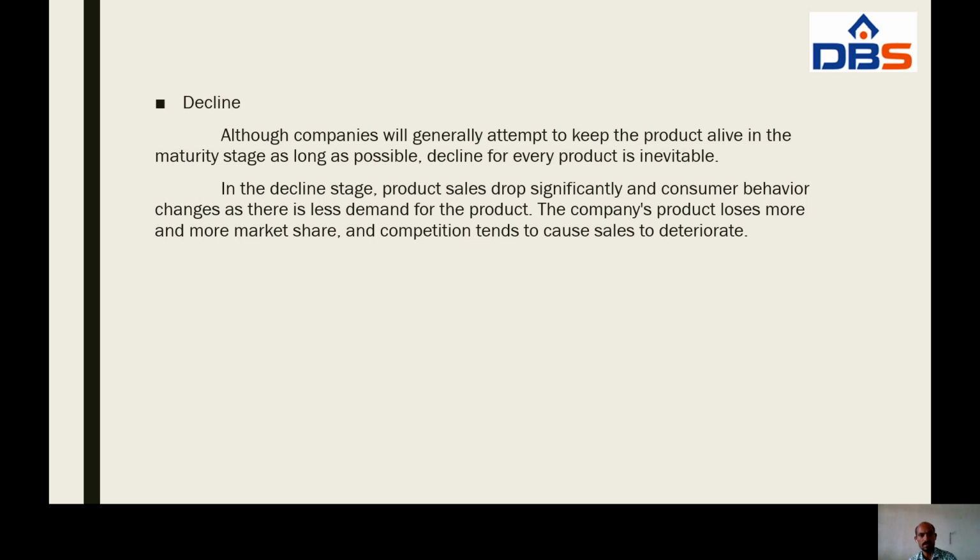The company's product loses more and more market share, and competition tends to cause sales to deteriorate. This is the declining stage.